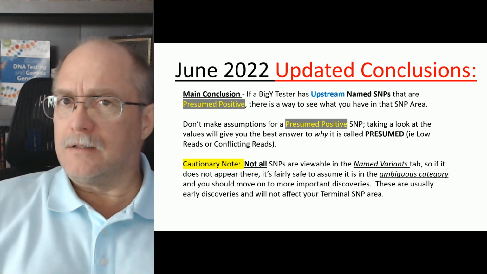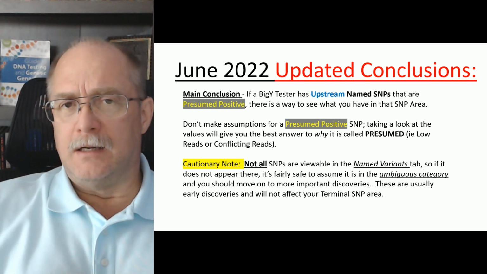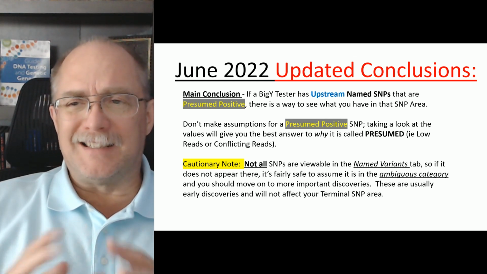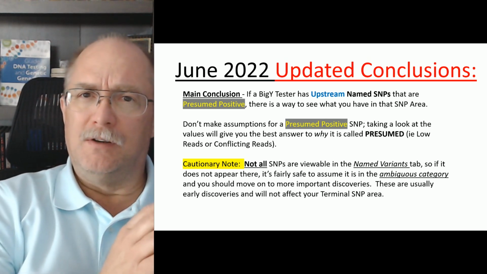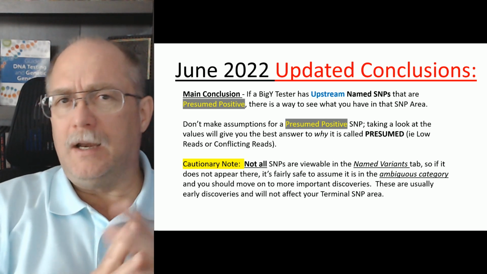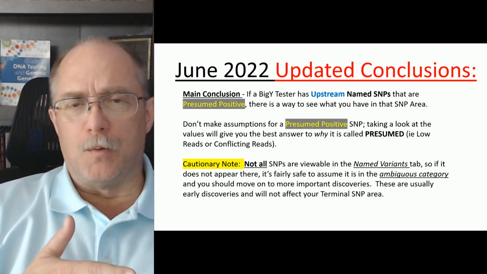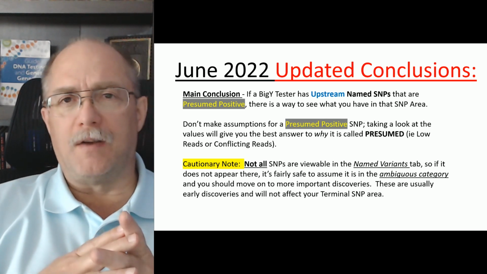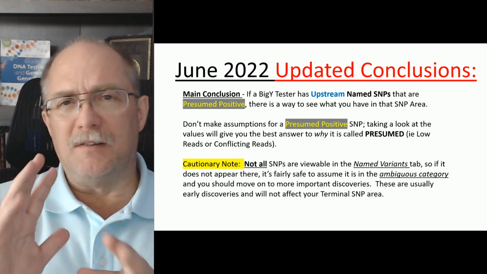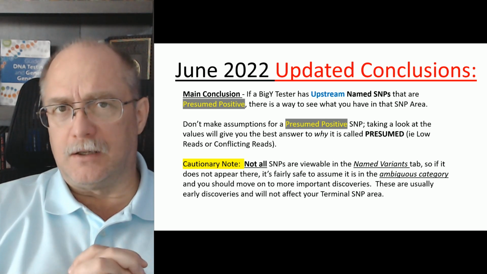Take a look at this. If you can look at those in that named variant section, see if it is actually just because you have low reads, it's not a clean read area on your test, or there's conflicting, like my father had 27 positives for the variant, but had 7 that were conflicting, which caused it to do a no call.